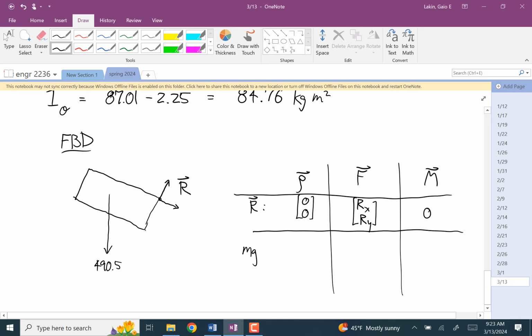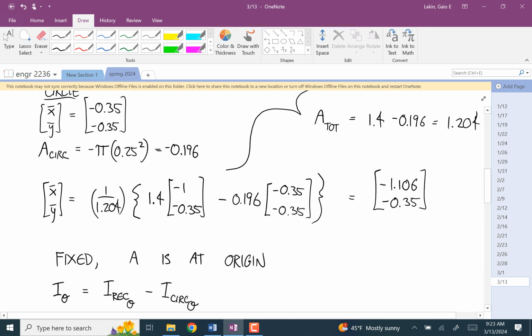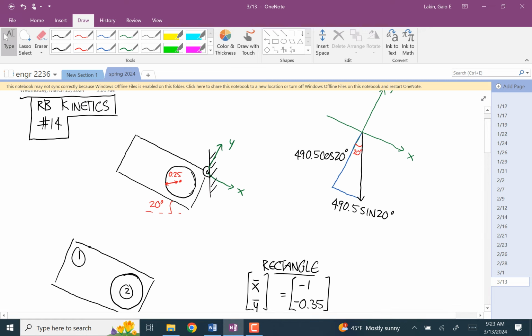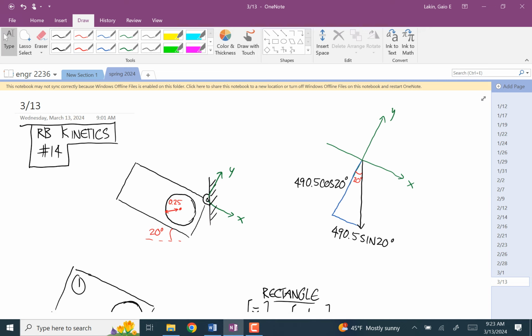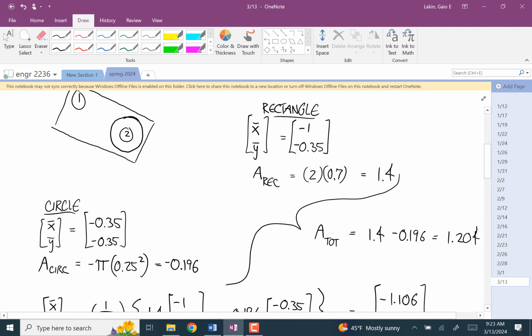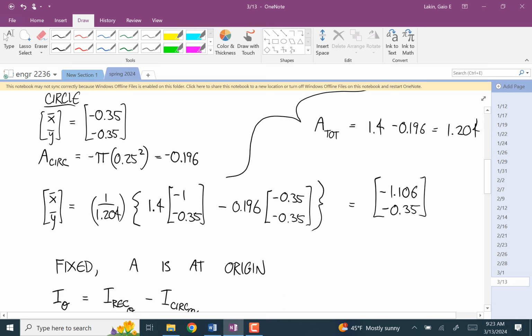And then the weight force, that acts at the centroid that we calculated first of all. And so since our origin is our about point, the row vector, which is the vector from the about point to the object, is just the coordinates of the centroid. So that works out nice.